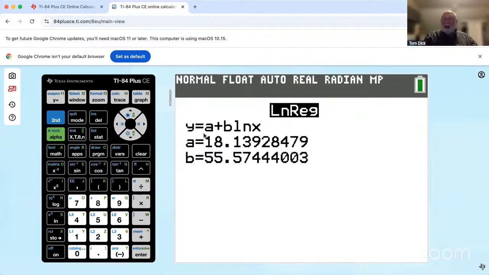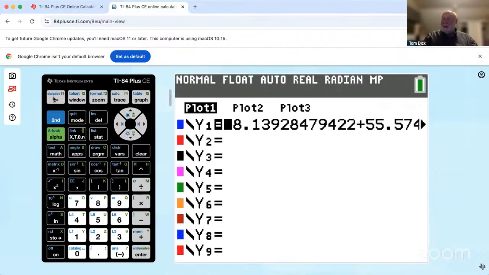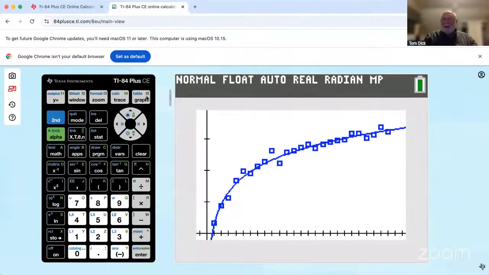We can see that there's the generic form, a plus b ln of x, and it gives me my a and b coefficients there. But again, what's nice is if we go over to Y equals, it's been stored there. We can see actually to much more accuracy in those coefficients. And then we could graph, and we can see how nice a fit it is.